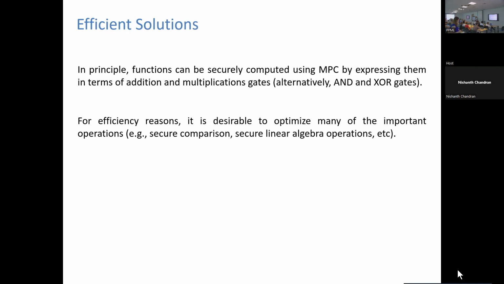If you want efficient solutions, you normally want to optimize as much as possible, especially important building blocks like secure comparison or secure linear algebra operations. They are used over and over, so you want to optimize those building blocks to have a better solution for them, instead of picking any secret representation of these operations.